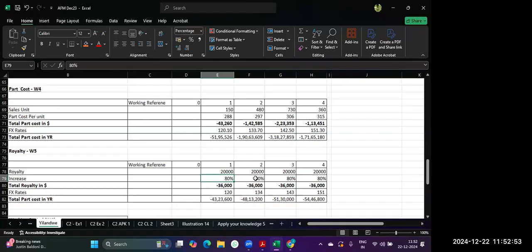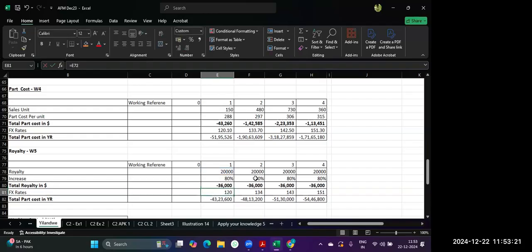Understood? But royalty is given to us in which currency, guys? Dollars. So we need to convert it. Is there an inflation on royalty? No, sir. It's fixed every year. So what I've done is current royalty of 20 million, multiply by 80%.